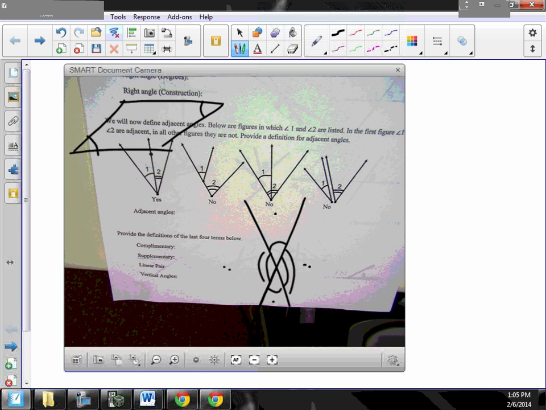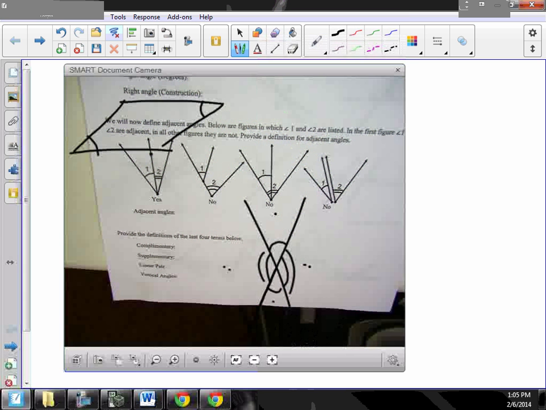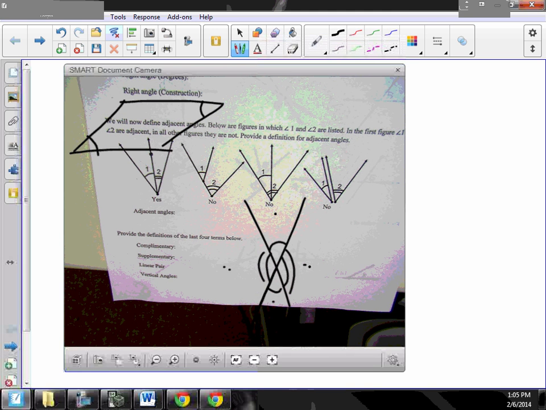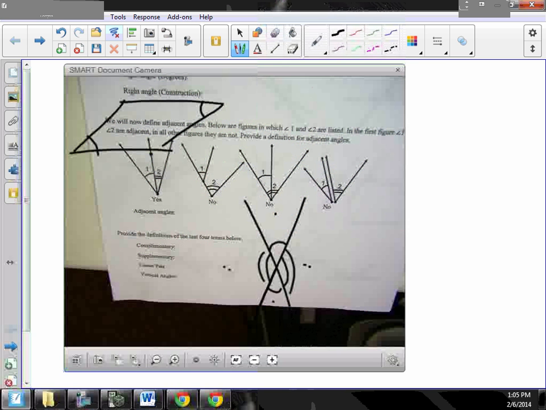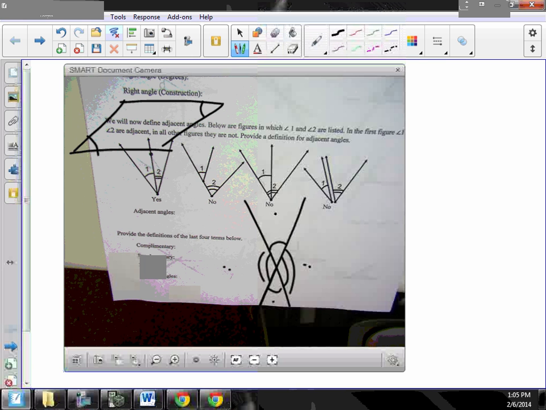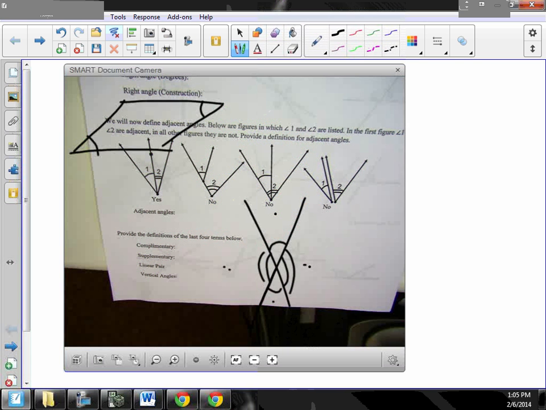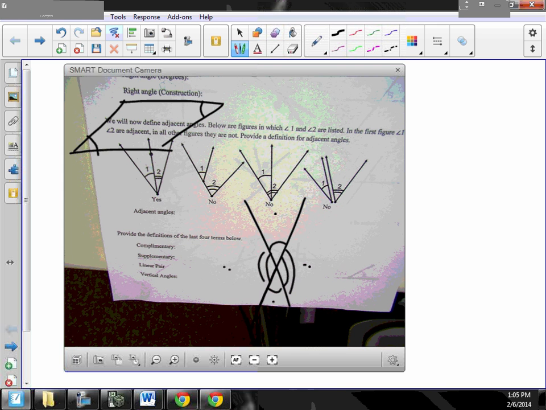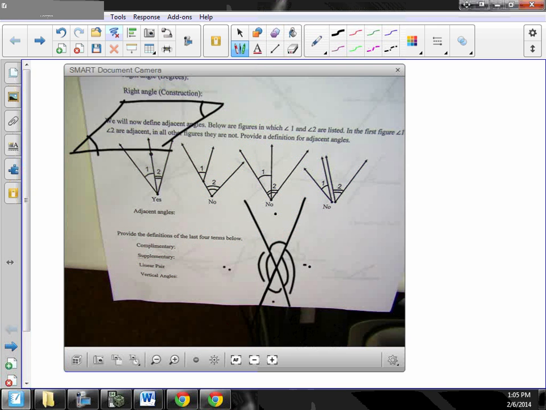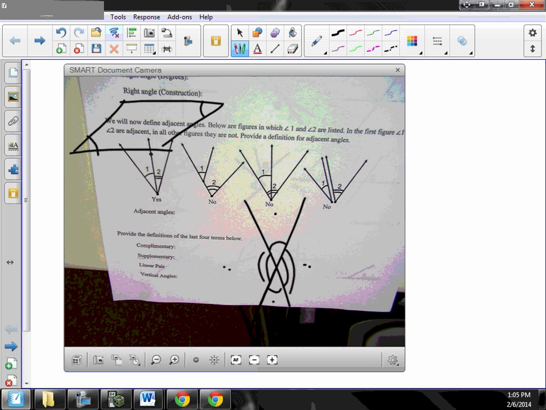Not adjacent. So non-adjacent angles created by the intersection of two lines. So vertical angles are non-adjacent angles created by the intersection of two lines. And by lines, we also mean segments and rays.